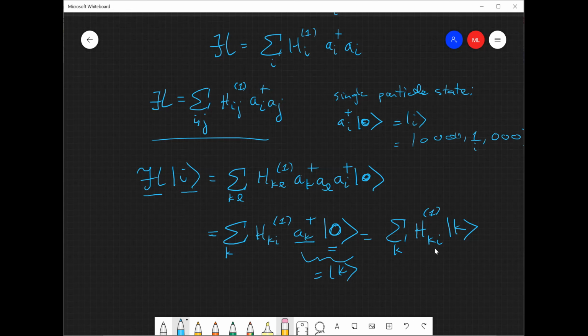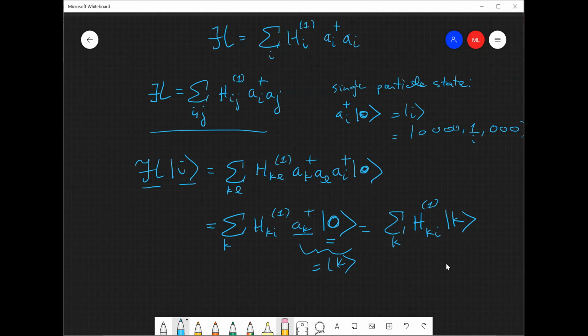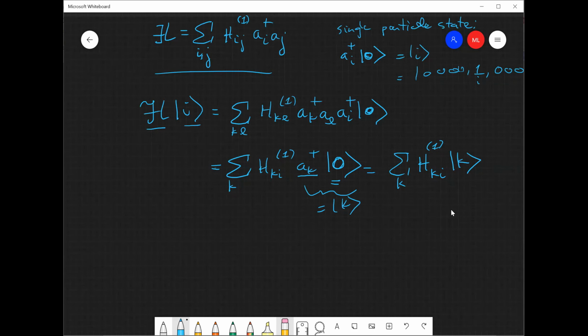And that means that these matrix elements, these H_KI, must be just the matrix elements in that single particle Hilbert space. That's what they are. So that's a single particle operator.